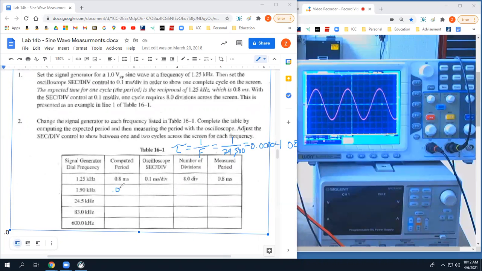So 0.041 milliseconds. Yeah, you can either put 41 microseconds or 0.041 milliseconds. It's the same number, right?